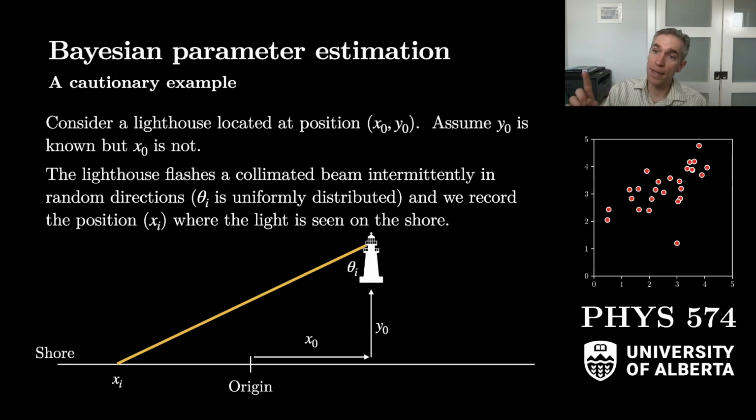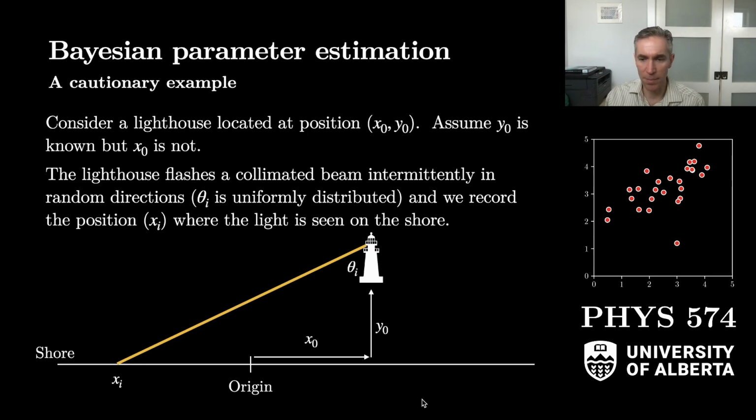So we're going to assume that the lighthouse is turning uniformly, and basically as long as it's between angle here theta i, between minus pi and pi, a light beam will hit the shore somewhere, and we'll record that position here.